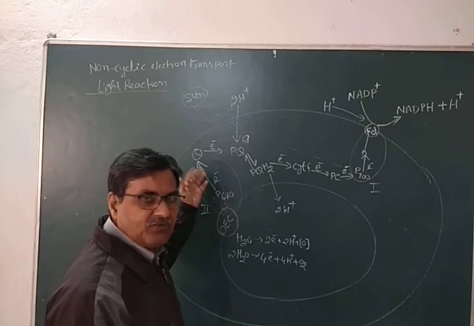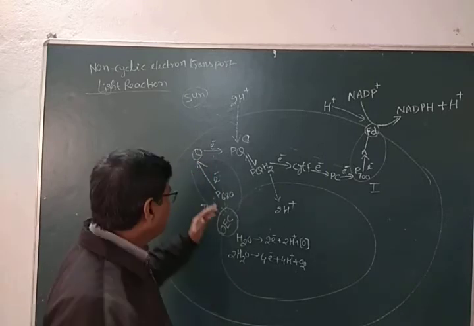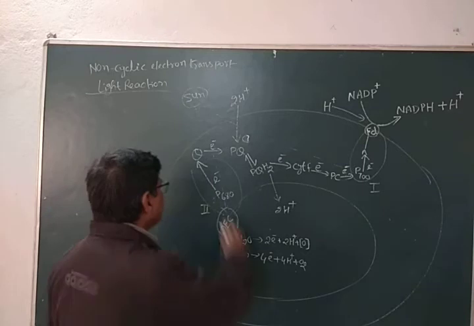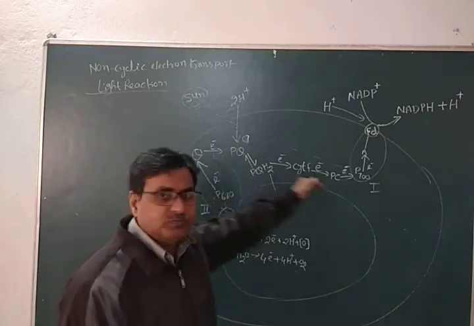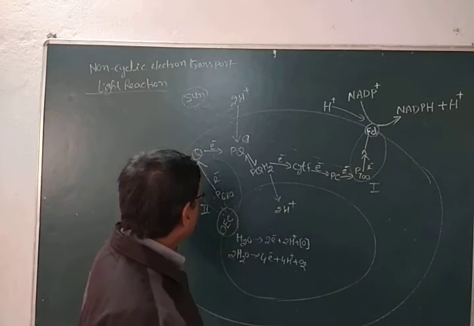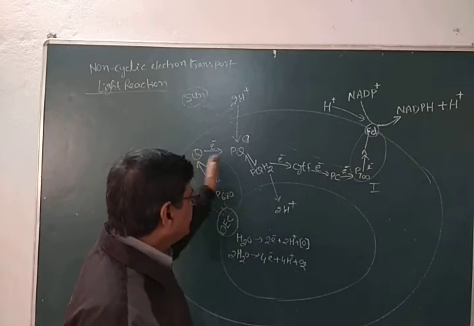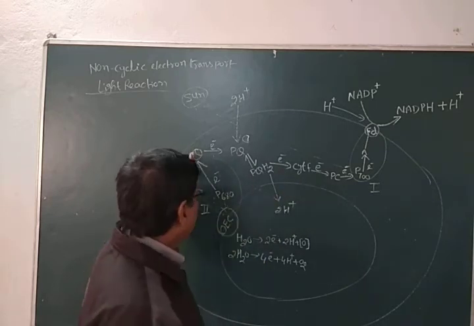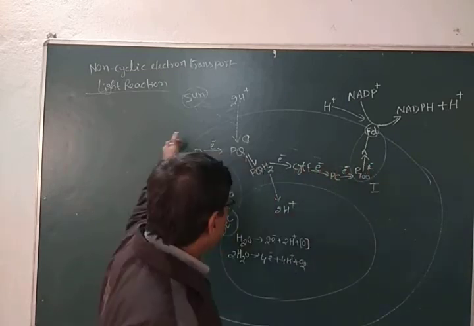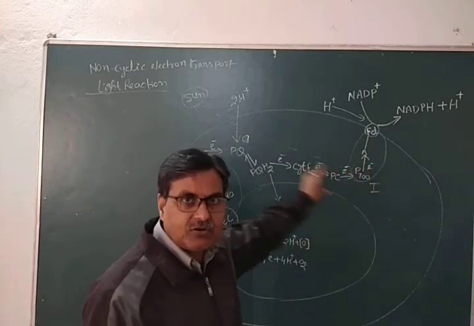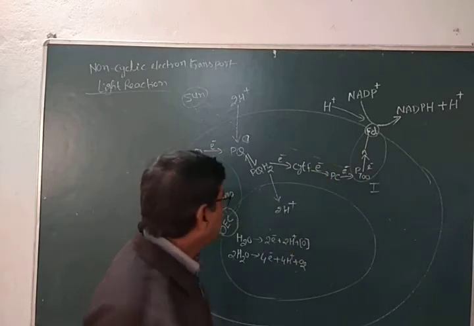That electron is first trapped by the pheophytin, and the pheophytin provides the electron to the quinone. After that, the electron passes through different molecules from this quinone to photosystem 1. This is called the electron transport chain, which we will discuss.